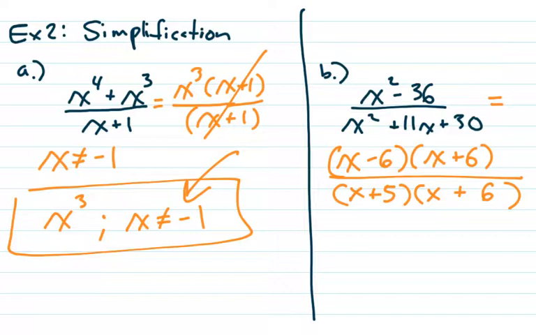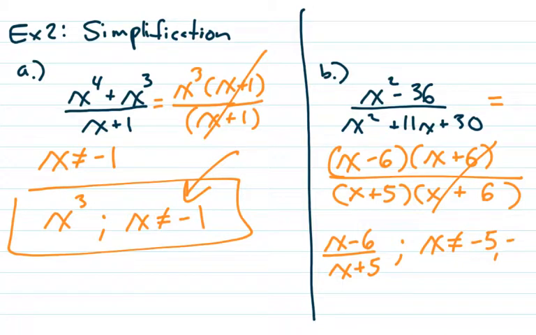So here, again, you're going to want to cancel out these x plus 6's, and you're right to do so. However, you have to make sure to write both domain restrictions. So this can be simplified to x minus 6 over x plus 5. However, you have to make sure to include that x cannot equal 5 or negative 5 or negative 6.